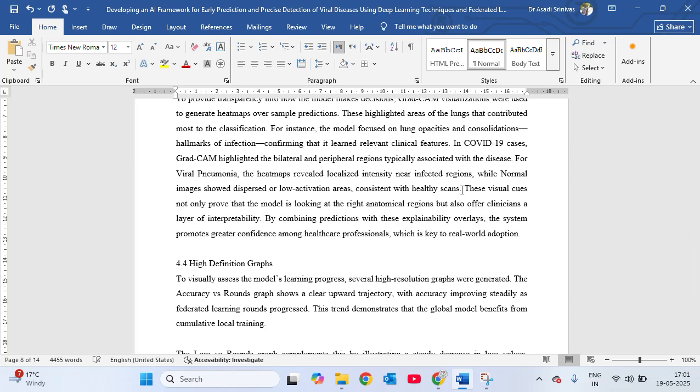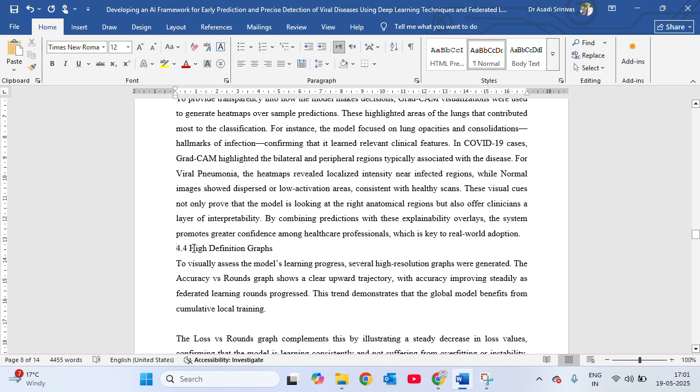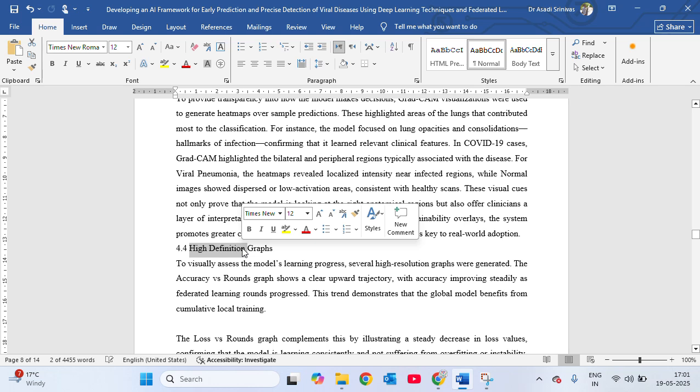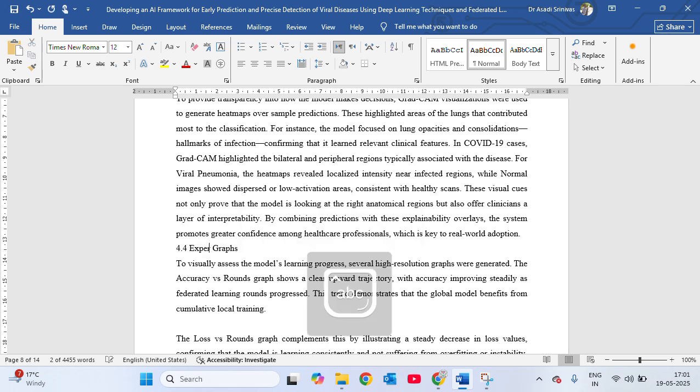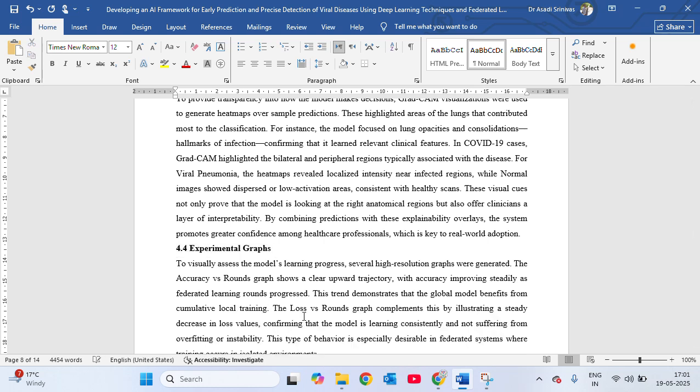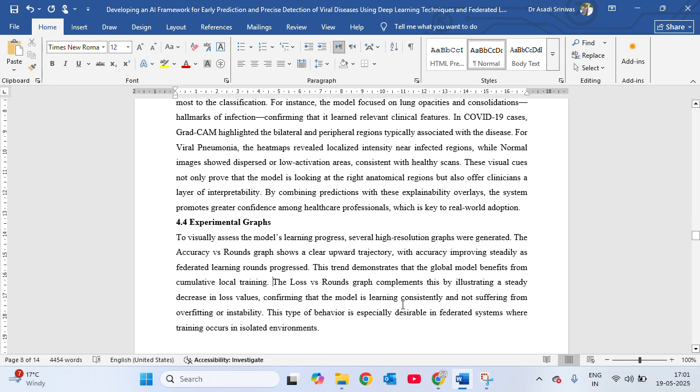This 10th paper we need to finish today. High definition, no? Experimental graphs. So we need high resolution.